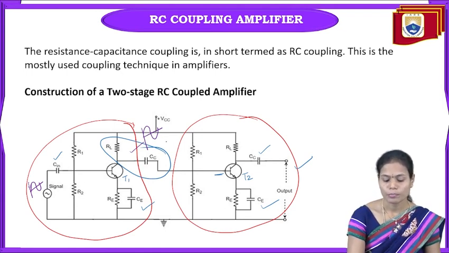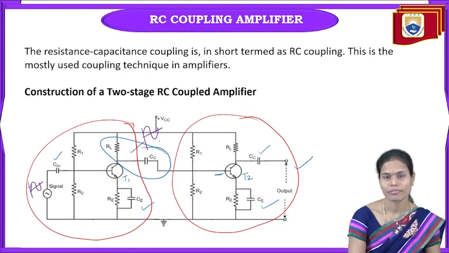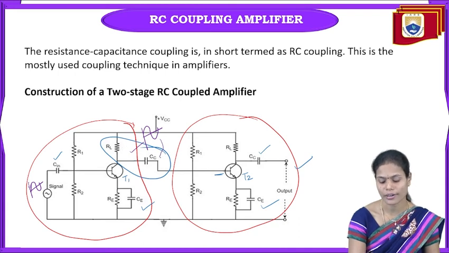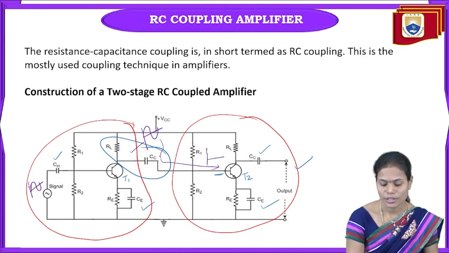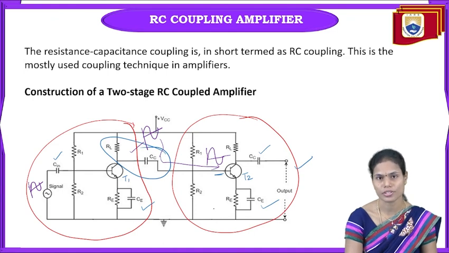The output of this one is the amplification of the input signal, and through the coupling capacitor as well as the load resistor RA we are connecting it to the base of the second stage. So again, we are providing the amplified signal as the input for the second stage.